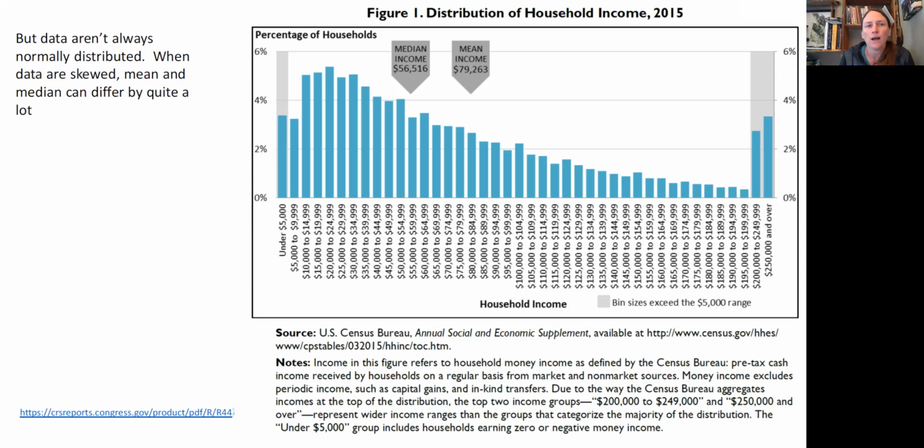And so this is why we often talk about the median income instead of the mean, because if there are a few people that are skewed and make a lot of money, that's going to drive the mean income up quite a lot and make it seem like Americans are more wealthy on average. But that's not really true. A better measure of central tendency in terms of income is where's the middle person in America, right?